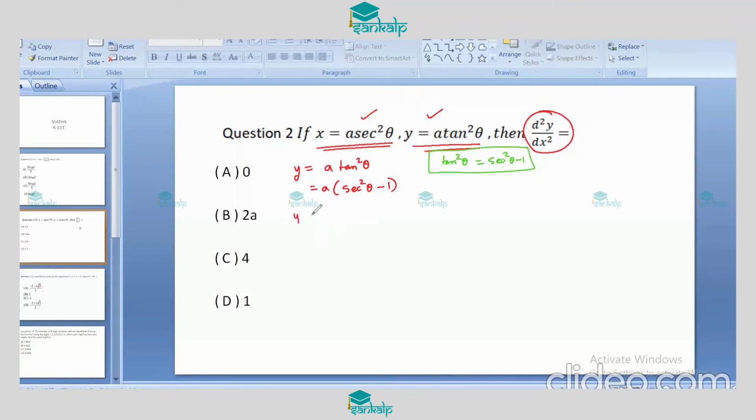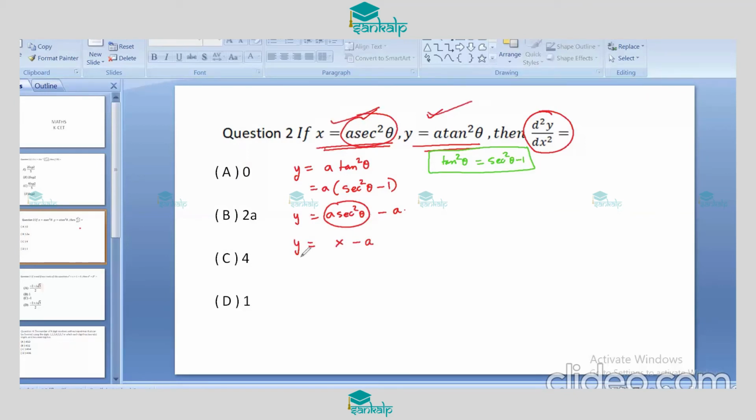Okay, then I can write y as a secant square theta minus a when I multiply a. Why did I do all these? Because in place of a secant square theta, I can use x and then minus a. So here I have combined both the equations.